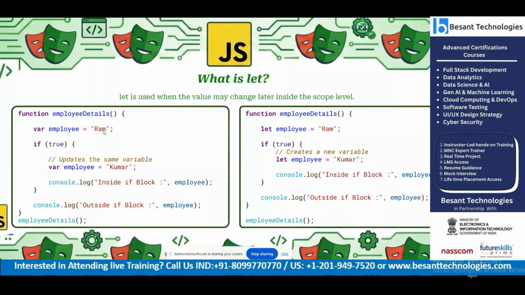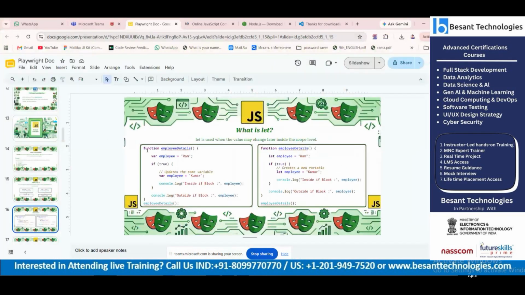In the same function I made it Ram and then apply the name Kumar again. So outside it prints Ram and inside it prints Kumar, but both variables are the same. I'll show you these things in real time. I'm copying the same code again.